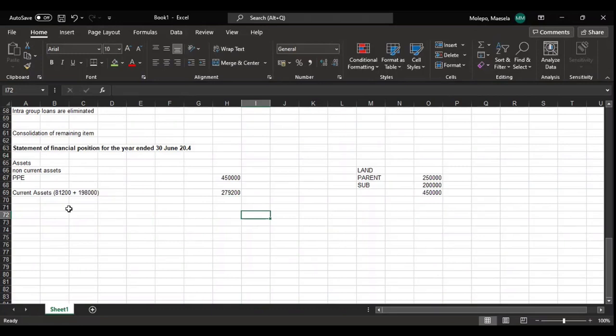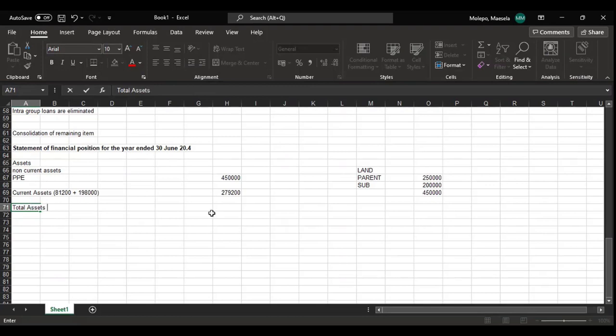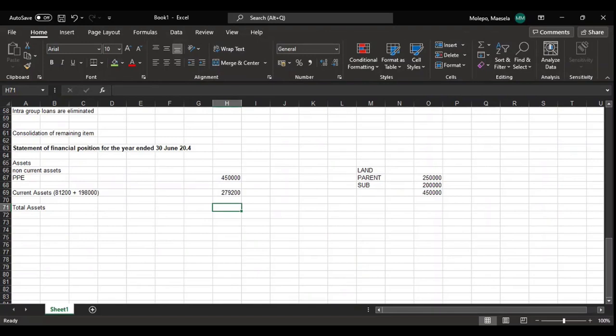So it means our total assets will be represented by 450 plus 279,200.